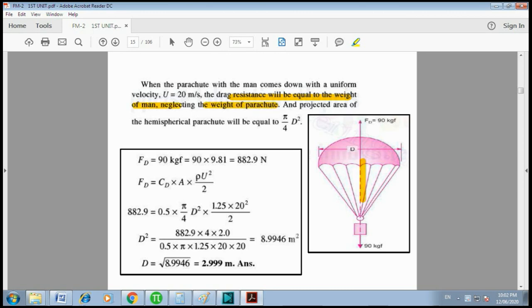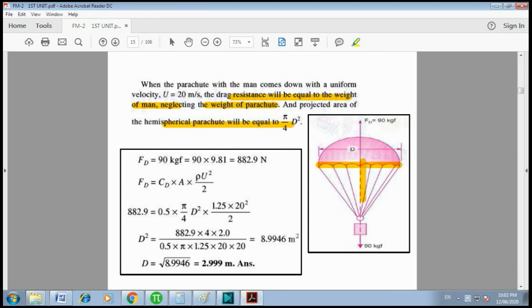The projected area of the hemisphere we are considering as a circle. If we see from the downside, we see only a circle, and that is the projected area. We always consider the projected area, which is converted to a circle, that is pi by 4 d square. Now FD is nothing but drag force, and it is the self weight of the man. Converting kgf into newton, 90 into 9.81 becomes 882.9 newton.